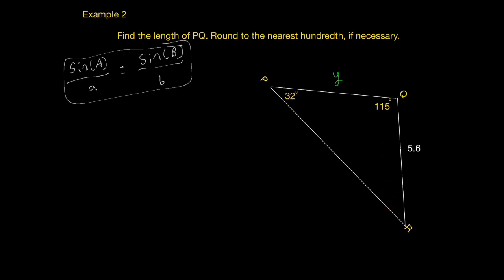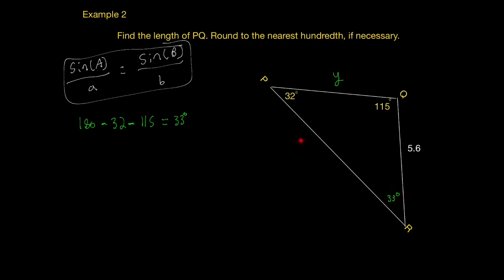So we have 180, and if we subtract 32 and then subtract 115, we should get the value of angle R. And this is going to come to 33 degrees. So here we have 33 degrees, and now we can apply the sine of 33 to Y.